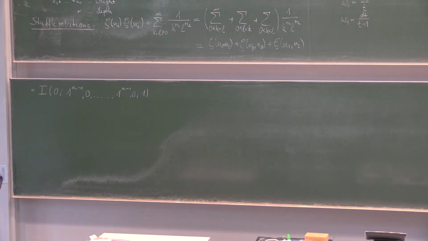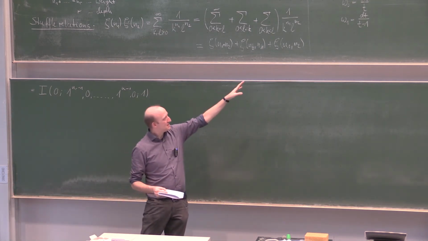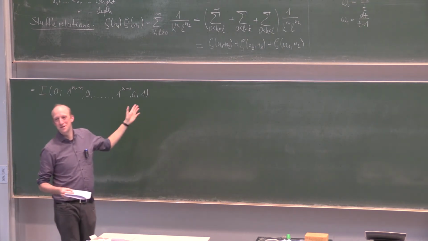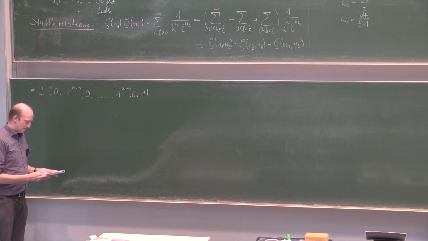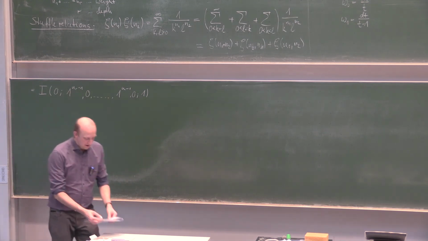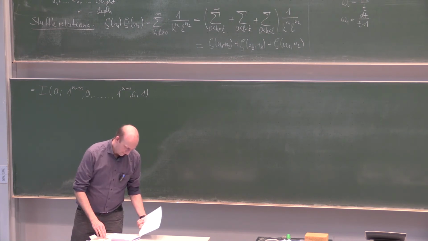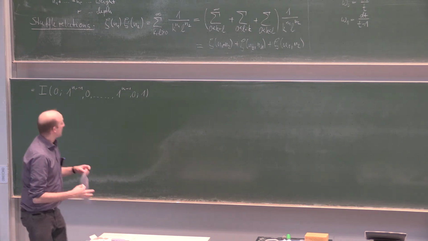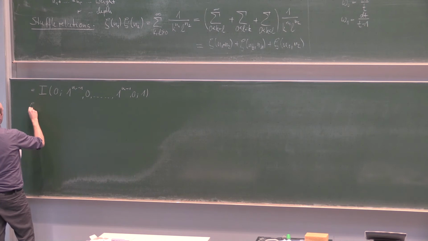That's easily proven in the representation you mentioned, where omega 1 is just dt over 1 minus t. Otherwise, you will have to keep track of the minus signs. So that's already one important identity.